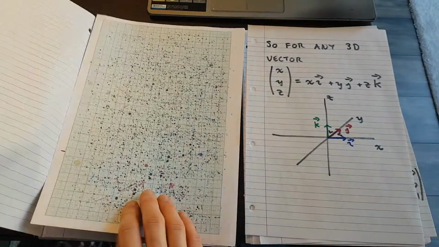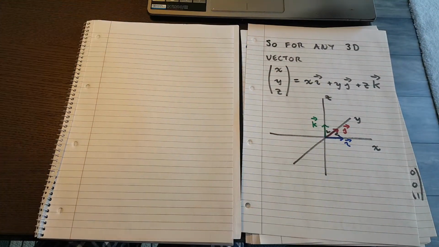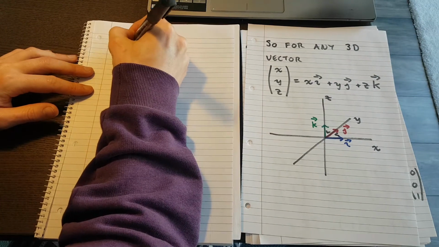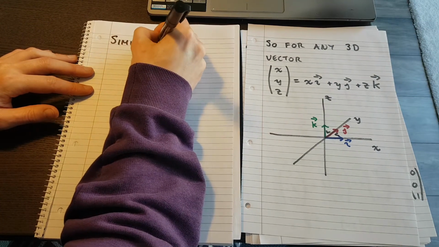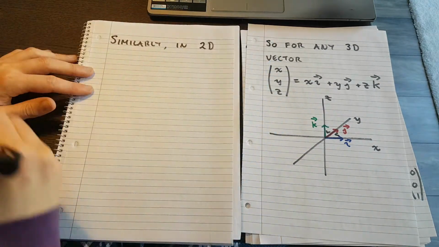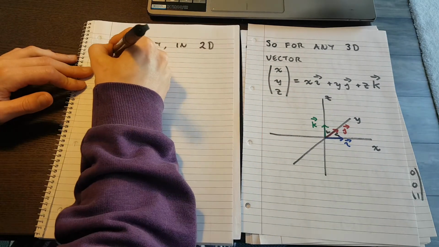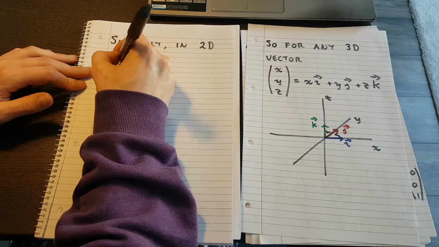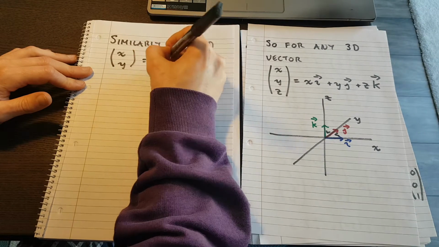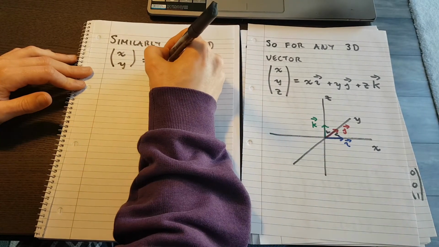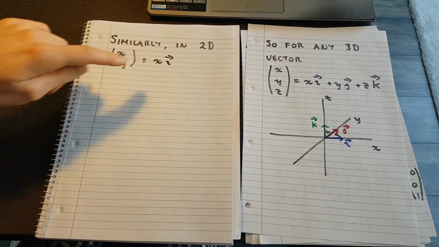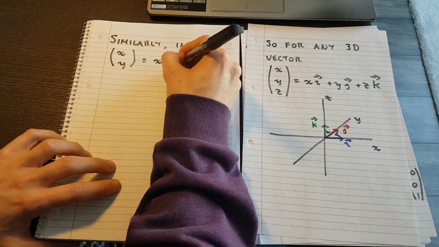Okay, so in 2D, we would have that (x, y) would be equal to x times what's called an i vector. i just means the vector in the x direction.